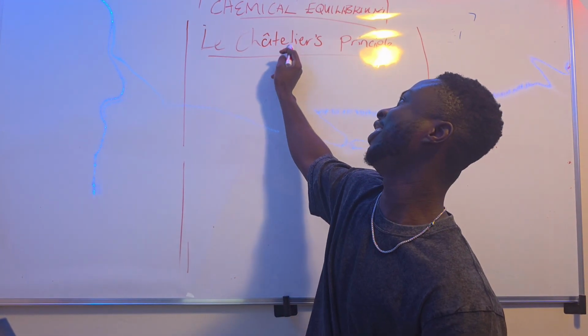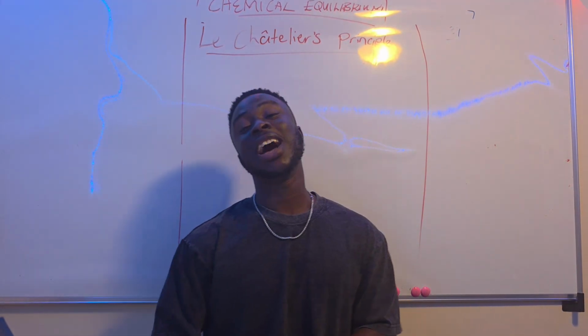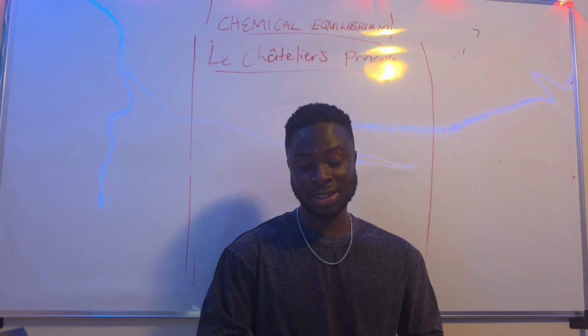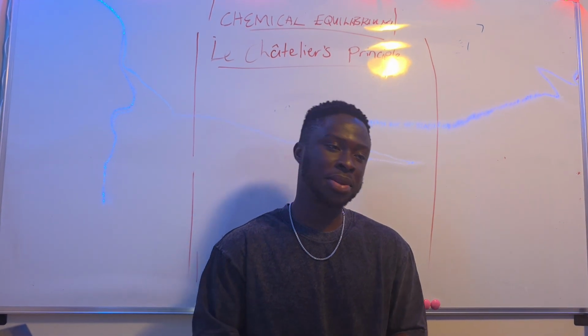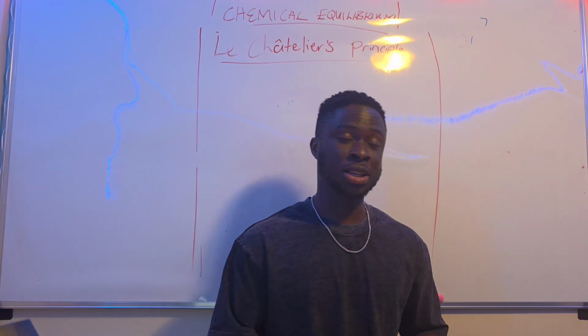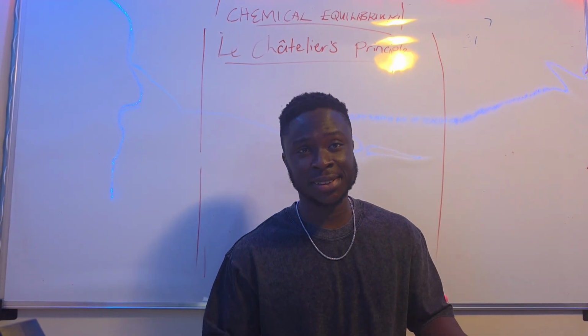Le Châtelier was a French chemist and physicist, and he discovered something. Not really discovered, I know. Back then it was a big deal, but today it's kind of common sense, right?